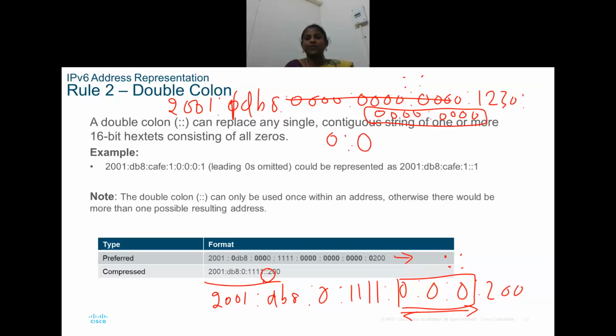Please use colons to represent it. Benjamin, you have given the answer, but use a colon to represent it. Yes, Christian, your answer was correct. Even though you have two continuous zeros, only one time can you replace them with a double colon.